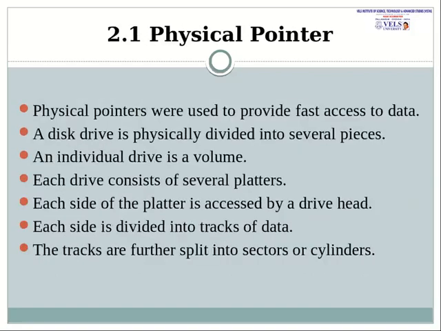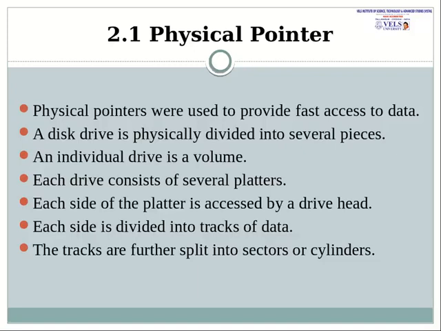A physical pointer is used to provide faster access to data. Here the disk drive is physically divided into several pieces. An individual drive is called a volume. Each drive consists of several platters, and each side of a platter is accessed with a drive head. The platter is divided into a number of tracks of data, and the tracks are further divided into sectors and cylinders.